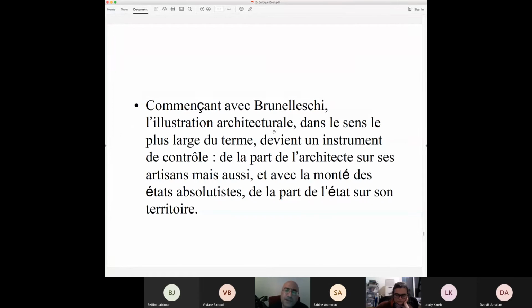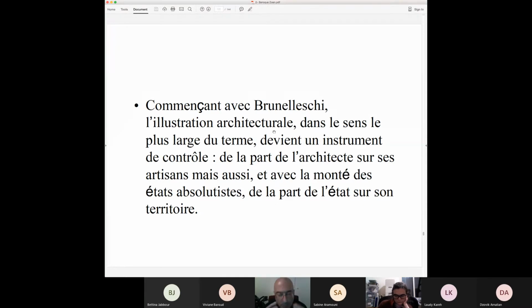And this starts, in fact, with Brunelleschi. What we see, in fact, is the enormous power of architectural plans and architectural illustration as an instrument of control.